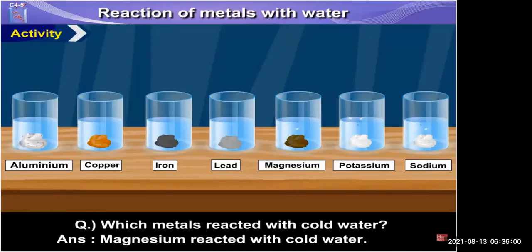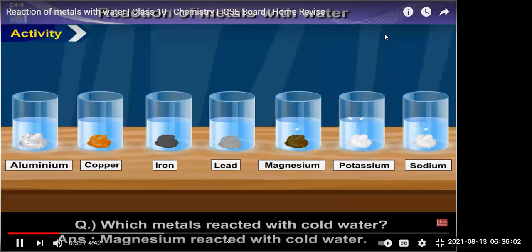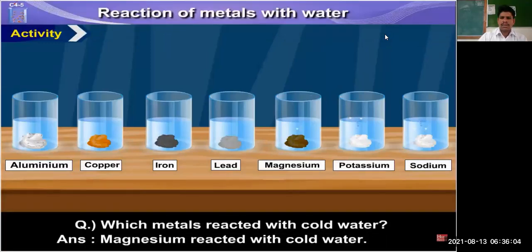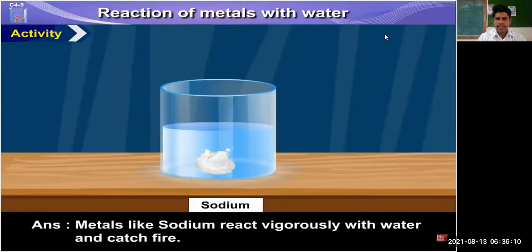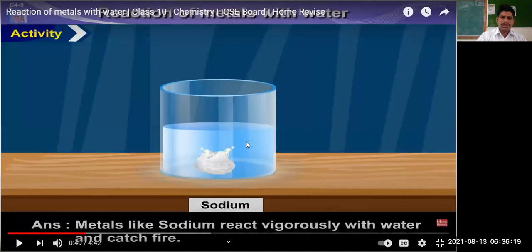Answer: Magnesium reacted with cold water. Did any metal catch fire in water? Answer: Metals like sodium react vigorously with water and catch fire. As I told you before, only sodium metal can catch fire. Other metals can't catch fire.